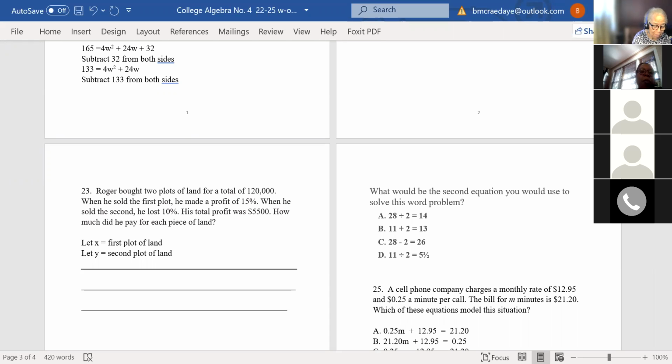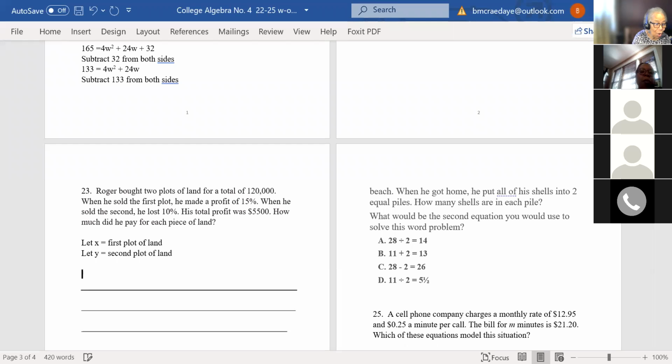Okay. Now we know that x plus Y equal the total 120,000, right? Yeah. Okay, it's little x. Because we know that the sum of what he spent for the 2 pieces of land is 120,000. We just don't know what he spent for each one, because that's what we're looking for.